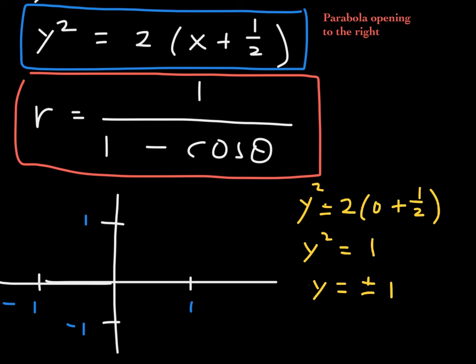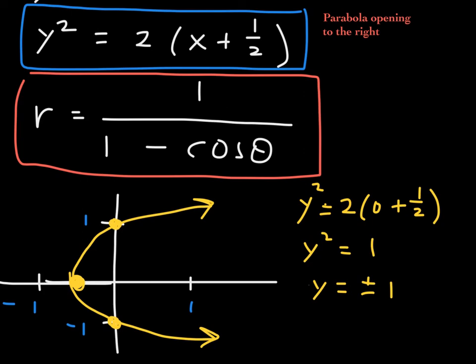So you can see your parabola will go through y equal to positive 1 and y equal to negative 1. And we know that the x-intercept is basically the vertex of the graph, which is negative 1/2. You can confirm that by letting y be 0 and solving for x. So you can see that our parabola will open to the right, and it will look something like this. Okay, so there's the graph.